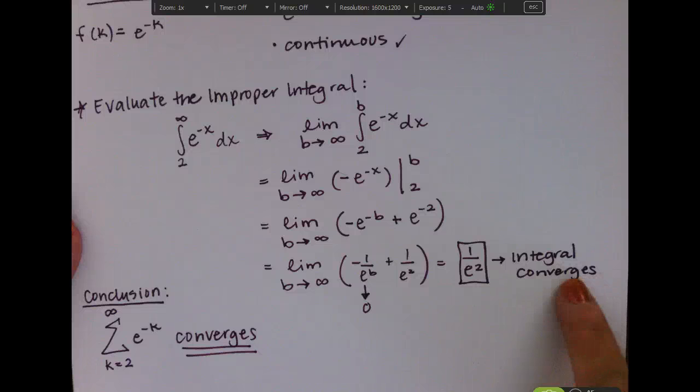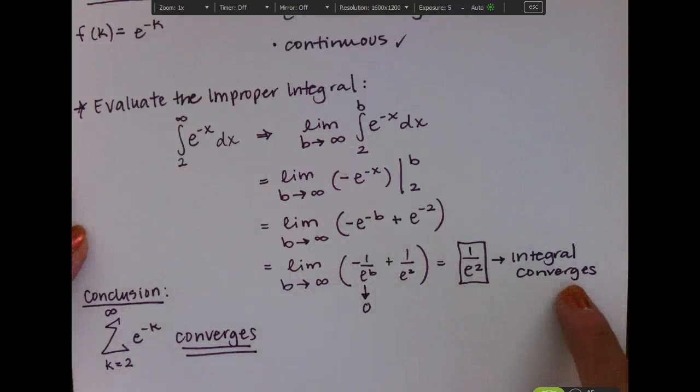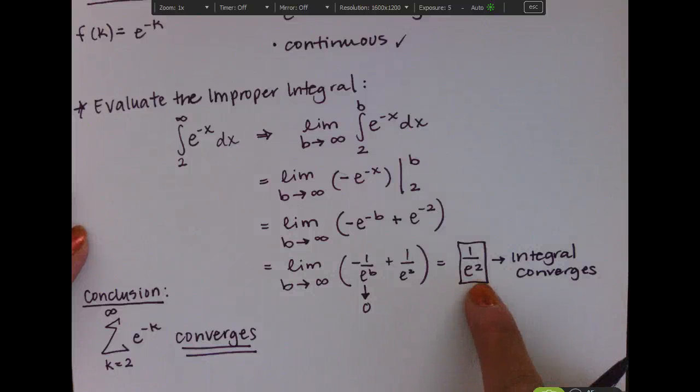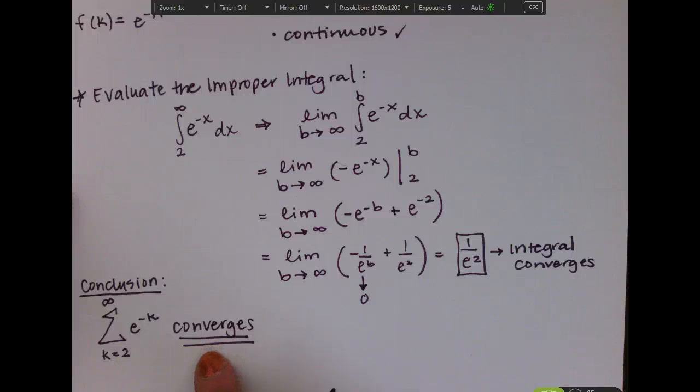And it converges because the improper integral, using the same function defined in the series, also converges. However, we don't know if it converges to 1 over e squared, and we don't care. We're not asked to state that. We do know what the improper integral converges to, but we don't know what the series will converge to. We just know that it does converge.